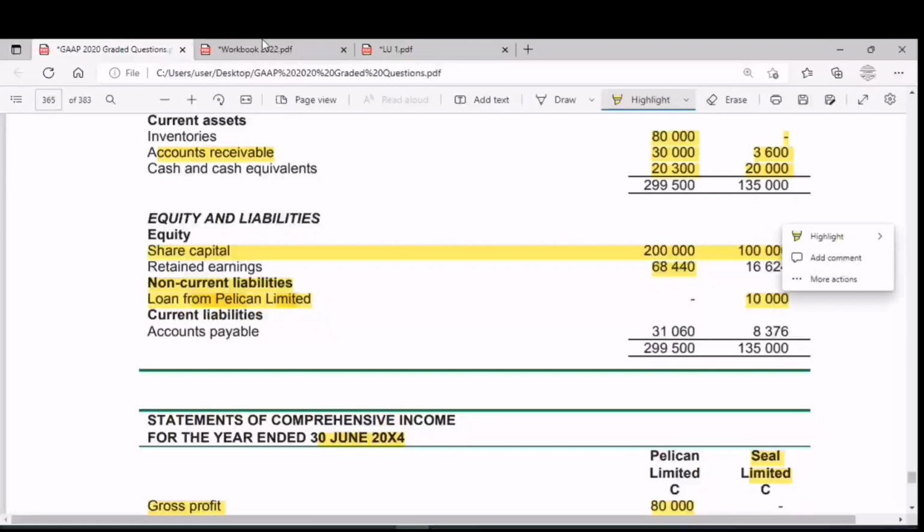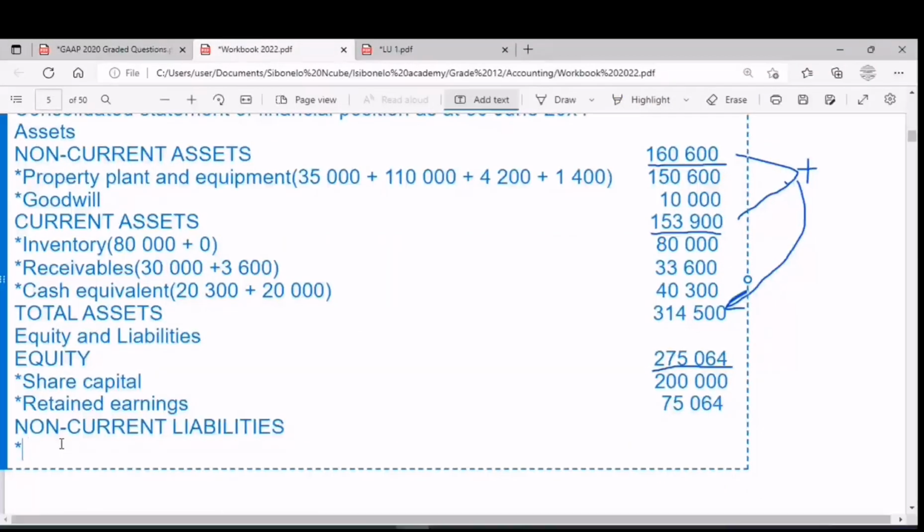So we have a loan from Pelican, and a loan they have of 15,000, so we eliminate 15,000. So we take the loan balance now, as your loan comes from outside the group, so there is no need to eliminate it.